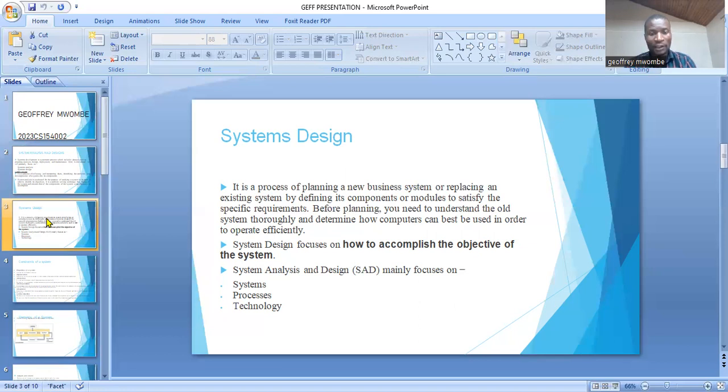You need to understand the old system thoroughly and determine how components can best be used in order to operate efficiently. System design focuses on how to accomplish objectives of the system. System analysis and design mainly focuses on systems, processes, and technology itself.